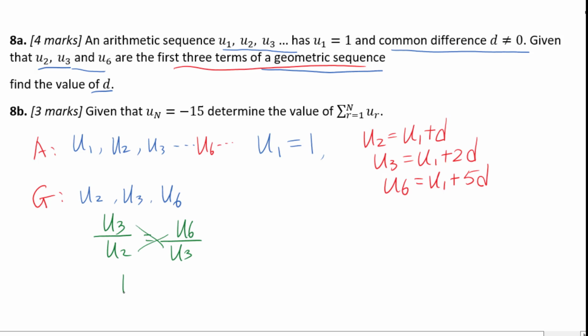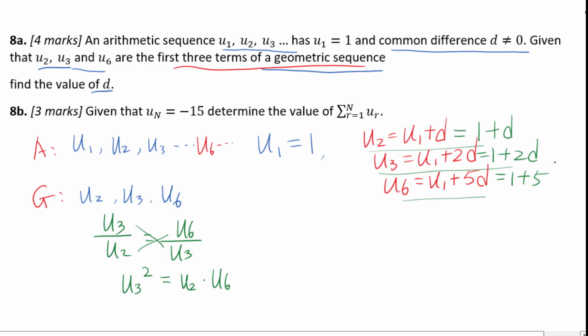Cross multiply: U sub 3 squared equals U sub 2 times U sub 6. Since U sub 1 equals 1, U sub 2 is 1 plus D, U sub 3 is 1 plus 2D, and U sub 6 is 1 plus 5D. Then I will plug into this equation.